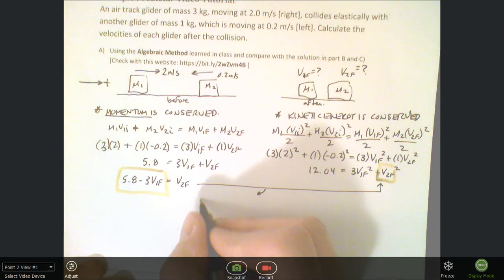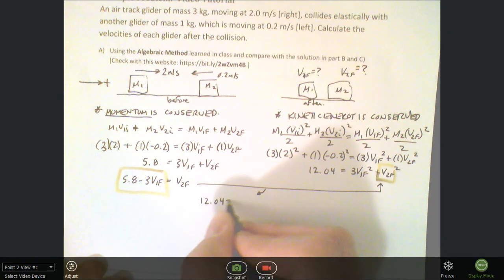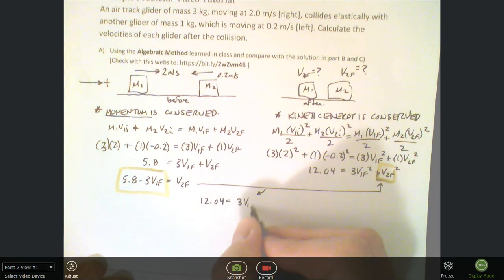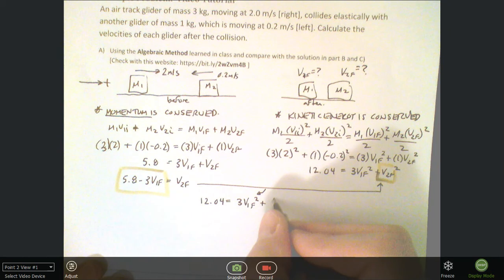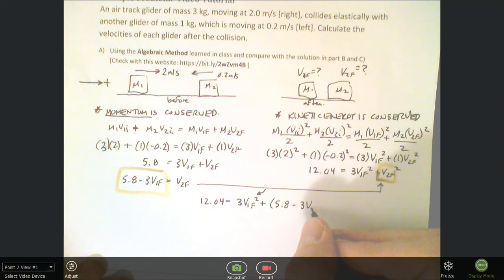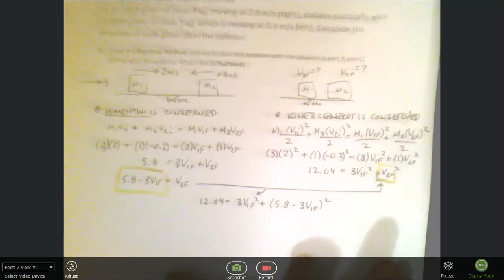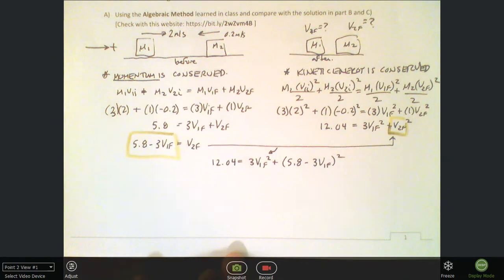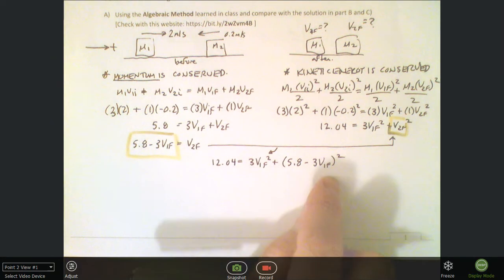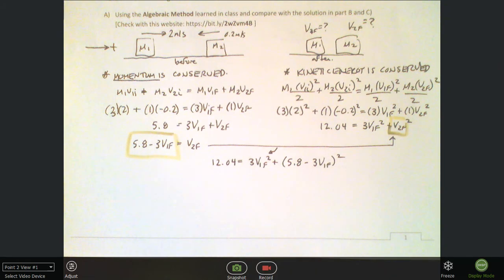So we're going to get 12.04 equals 3 v1f squared plus... there we go. Okay, and now from here, don't panic, please. We've got only v1f that we have to solve for, and we just have to figure it out.